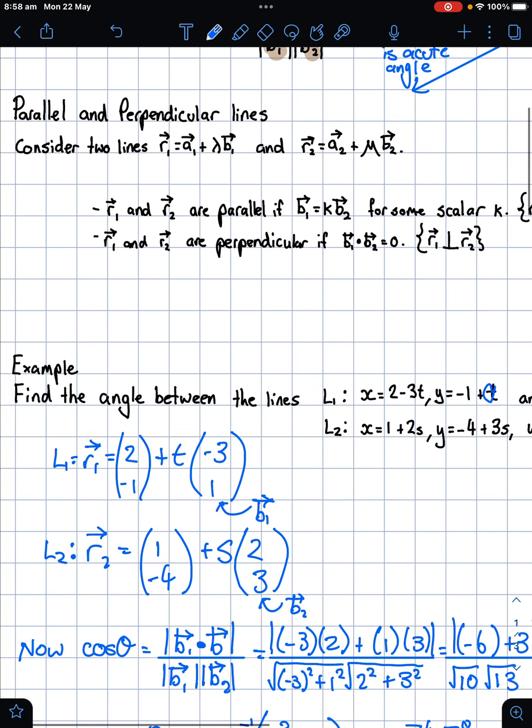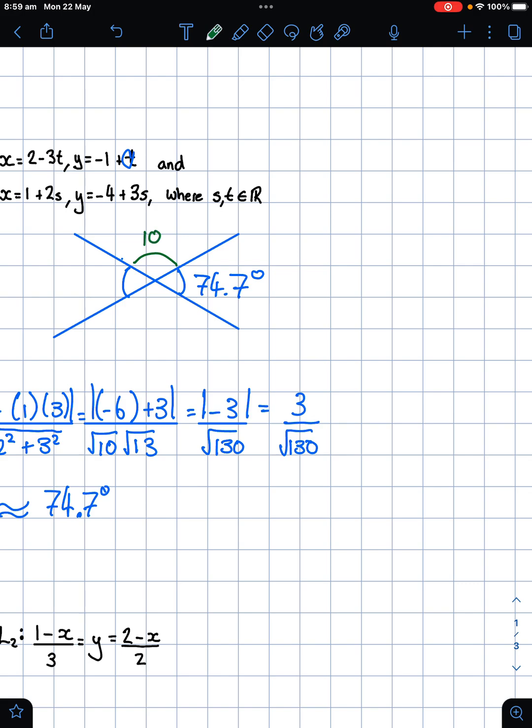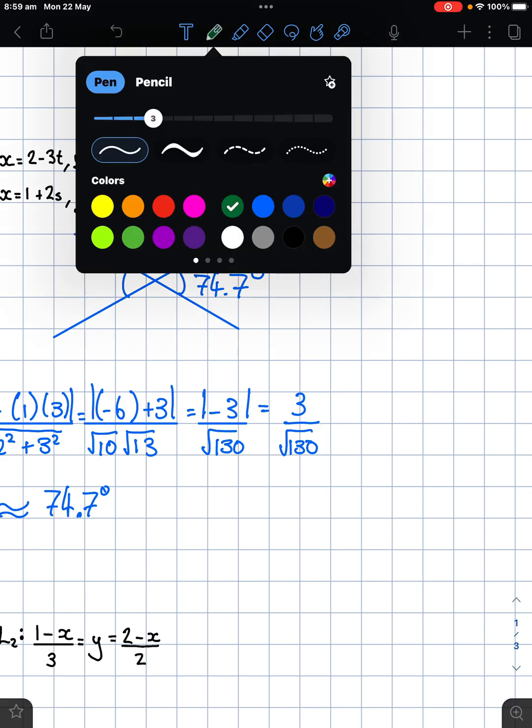So if we think about those two lines that are crossing there, now obviously I'm not drawing these properly with their slopes, but these acute angles here are 74.7 degrees, which means 180 minus our other answer. These ones here, let's change colour, this one here would be 105.3.